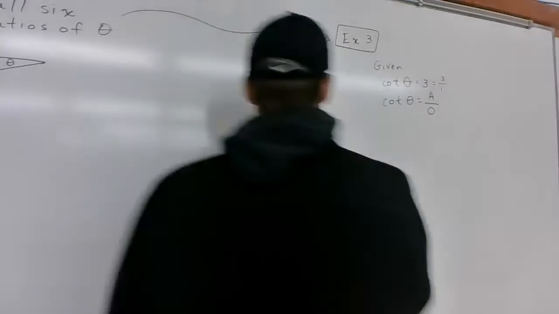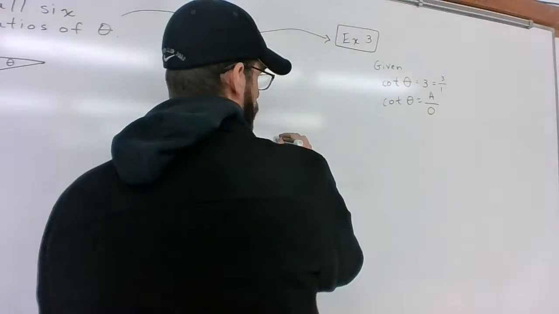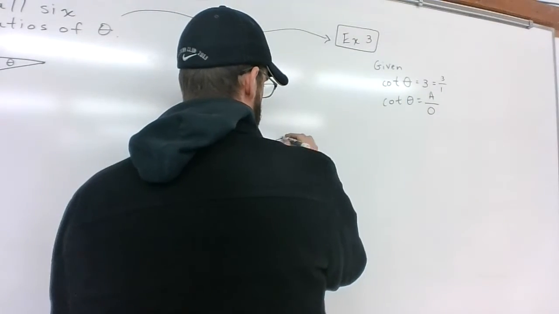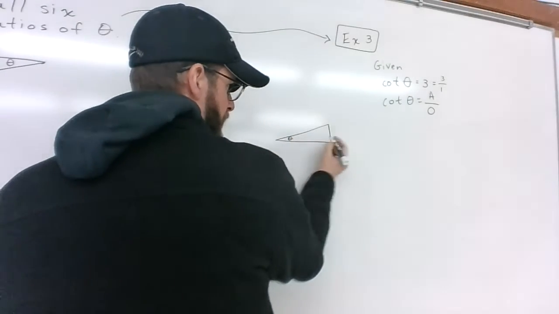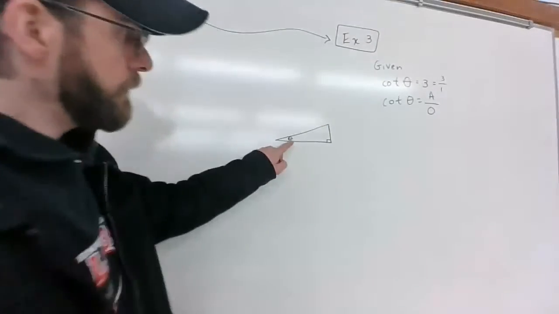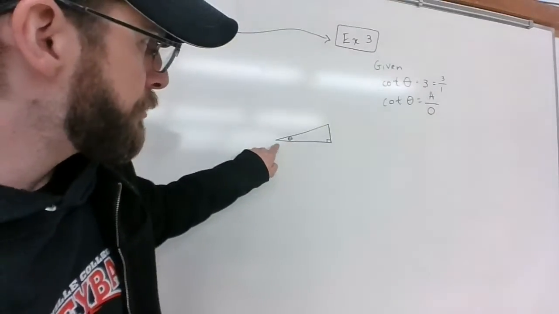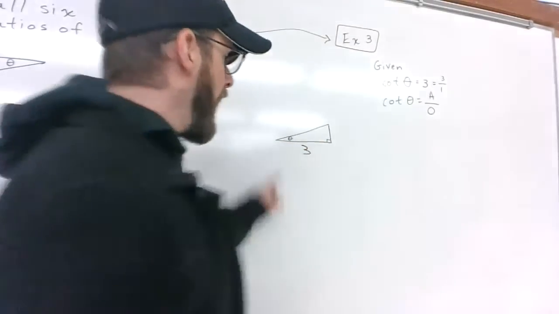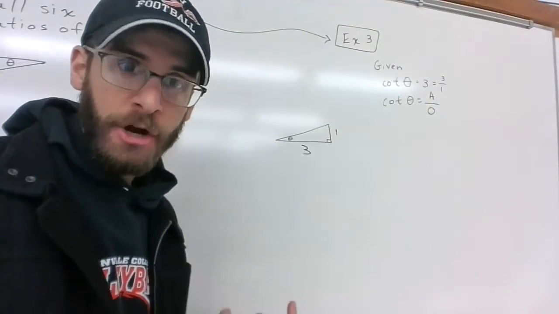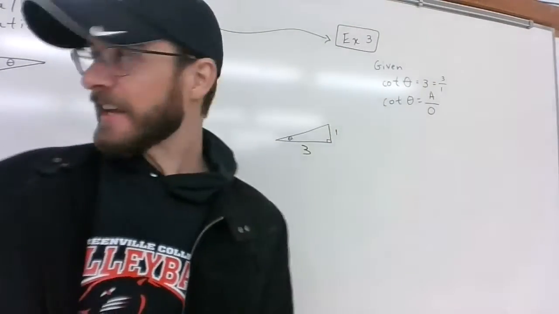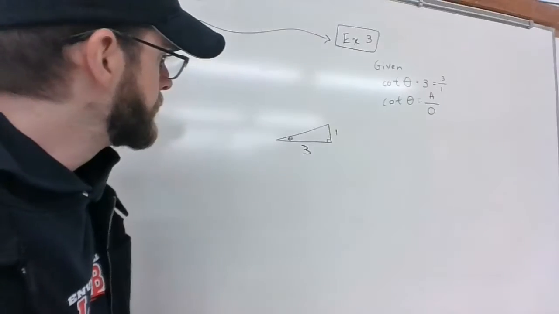So here you go. Let's make a triangle like this. Let's call theta this corner right here. Adjacent 3 over opposite 1. Well, now we have something that looks just like our first example, or I guess our second example for this video series.